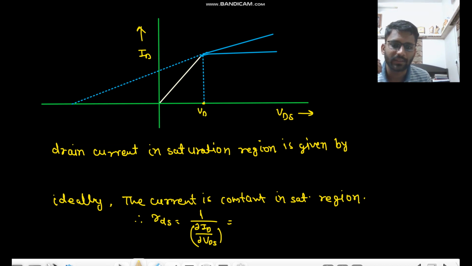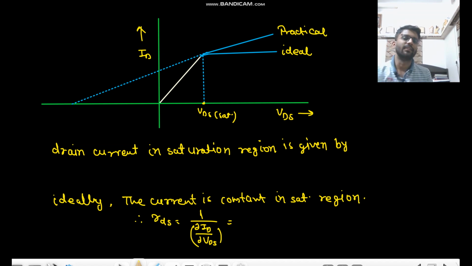This is VDS sat. This is the ideal one, and this is the practical one. The current is increasing, and if we increase VDS the graph goes here like this.